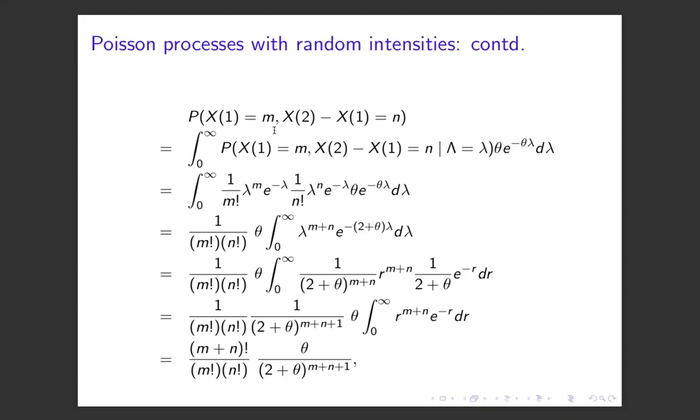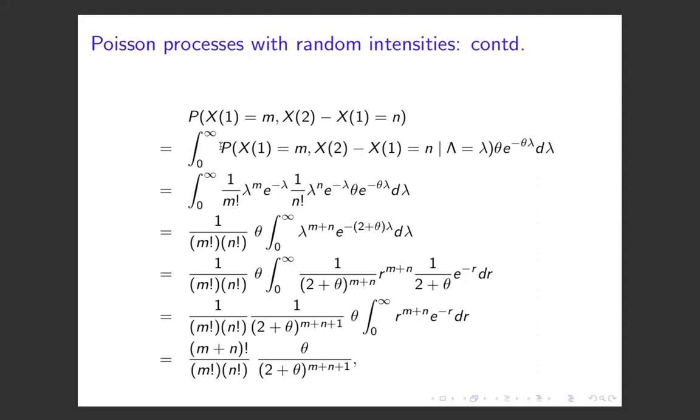As before, this probability you condition with respect to capital Lambda equal to little lambda and integrate with respect to the corresponding exponential density with parameter theta. When capital Lambda is little lambda, we know that the counting process X_t is a homogeneous Poisson process with parameter lambda t.